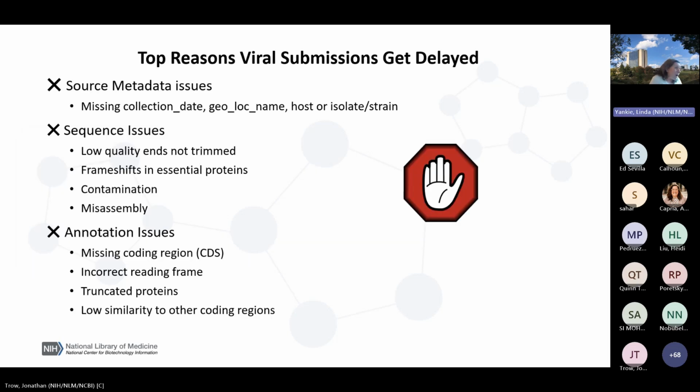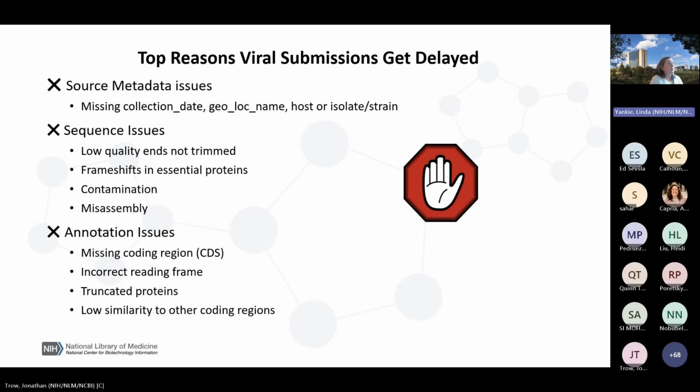So therefore, it's not surprising that issues with these can be the main reasons for a delay in accepting and processing viral submissions. We ask that all of these issues be addressed by the submitter before sending the data to avoid back and forth with submission staff and to expedite your accession number assignment. In particular, checking sequence and any annotation against public data really is essential.